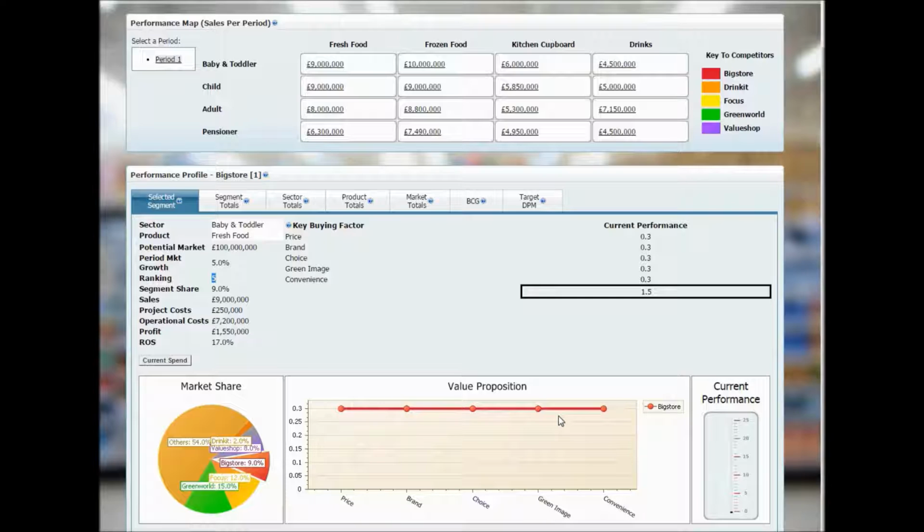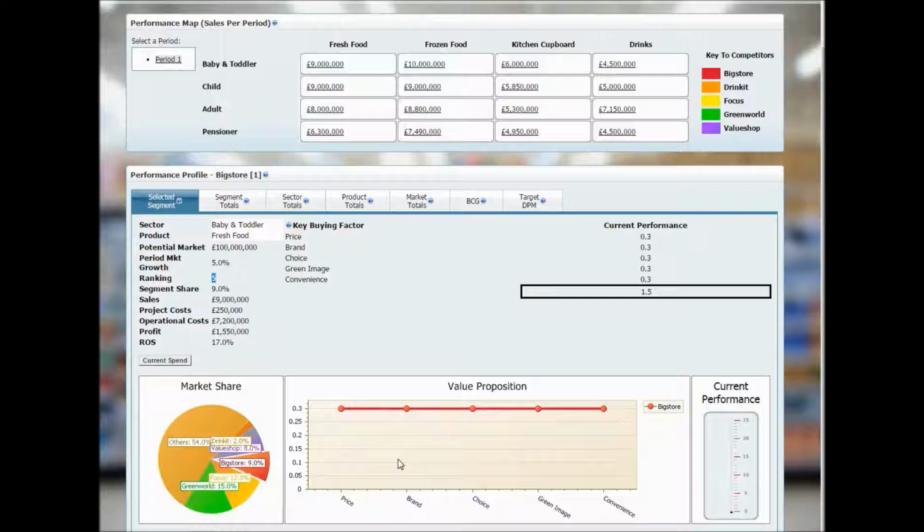And that then raises your second big question, which is how are we going to win this segment, particularly if this is an important segment for us? Are we going to have the best prices? Are we going to have the best brand, the best choice, the best green image, or the most convenient store? Your answer to that, of course, depends upon your diagnostic of the data in the game, your analysis across all the data within the simulation.